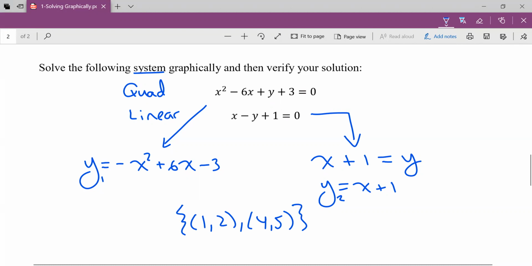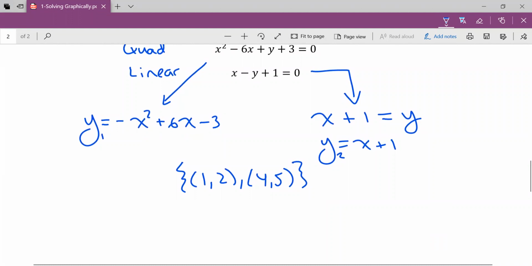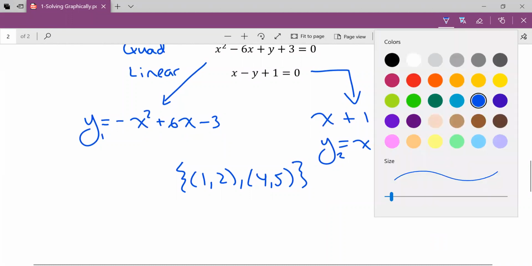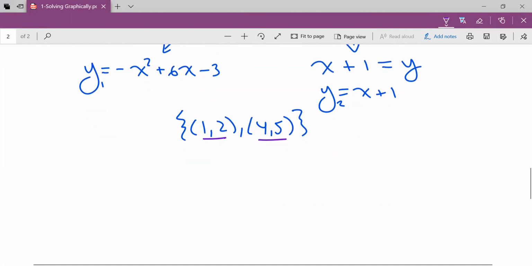Now, how do I check my work? Well, to verify my work, friends, all I'm going to do is sub these points back into the given equations. So let's try 1, 2. I'm going to sub 1, 2 into what I've got labeled as y1 here. If I sub that in on the left-hand side, what do I get?